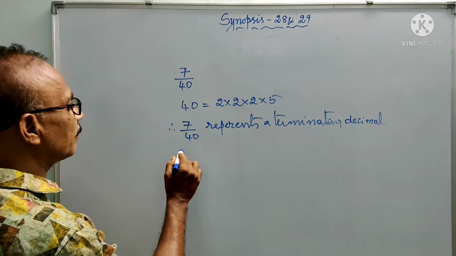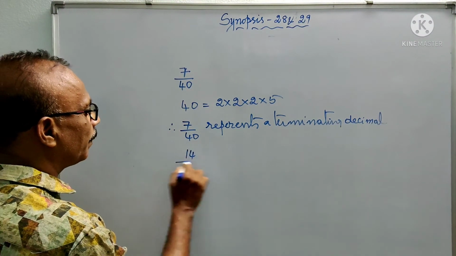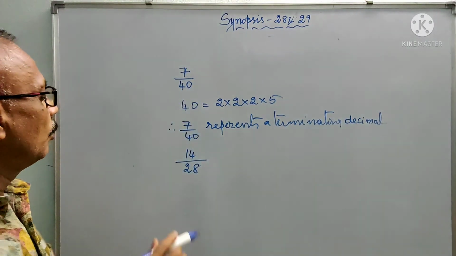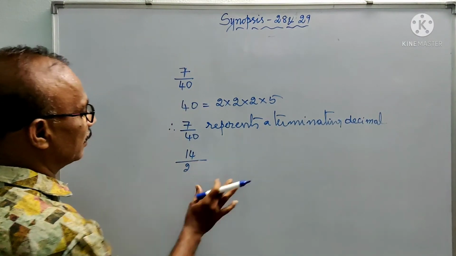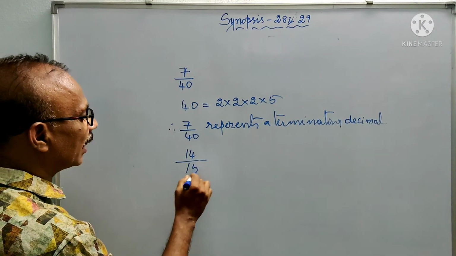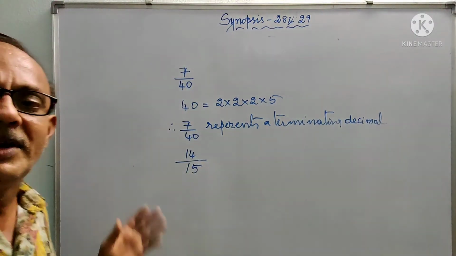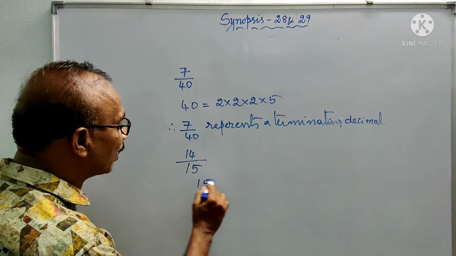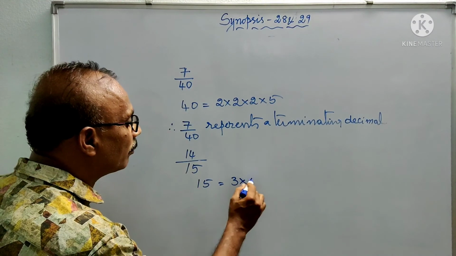For example, see this one, 14 by 21, 28. Oh no, 14 by 28 means it is not in simplest form. 14 by 15, let us take this. Now it is already in simplest form. Now if you find the factors of the denominator, 15 equals 3 into 5.